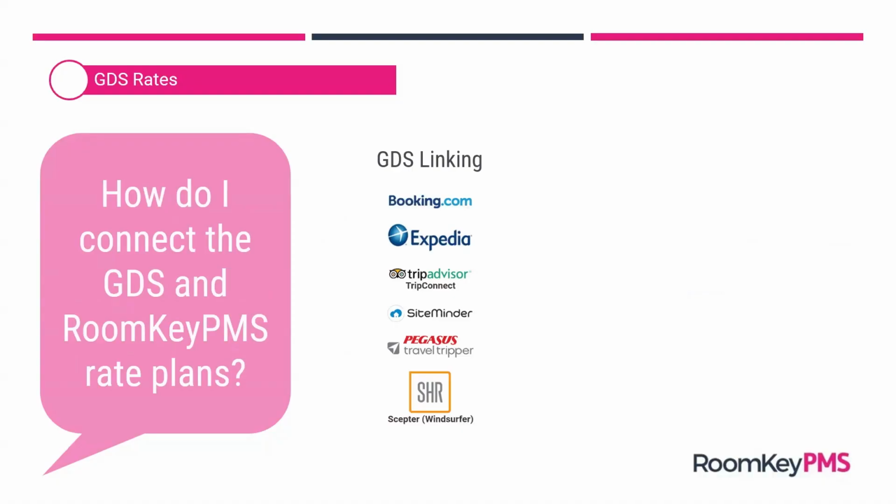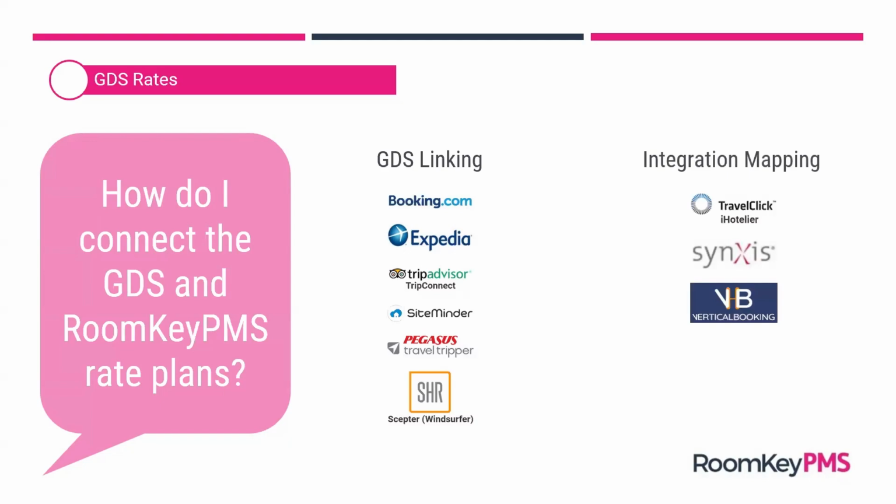This is applicable for direct connects with Booking.com, Expedia, channel managers like SiteMinder, or if you're using Pegasus, Travel Tripper, Windsurfer, any of those standard interfaces. If you have any enhanced interfaces with TravelClick, iHotelier, Advanced, or Synexis Enhance, or if you're using our Vertical Booking partner, you can use the integration mapping tool directly inside Roomkey.